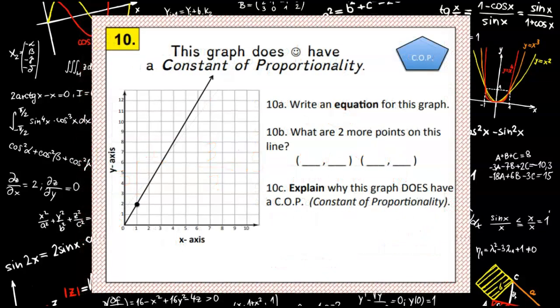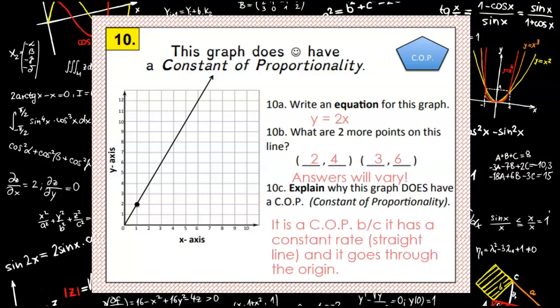And last one for today, just like the one before, write the equation, tell me 2 points on the line, and then explain why it has a constant of proportionality. All right, so y is equal to 2x. My rise here is 2, my run is 1. That's how I found my slope.